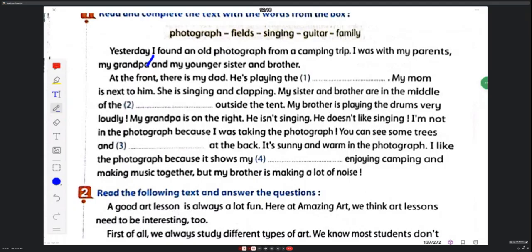I was with my parents, my grandpa, and my younger sister and brother. At the front, there is my dad, and he's playing the guitar. The guitar. Okay, number one.